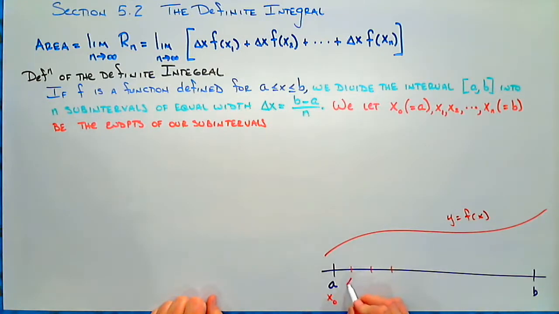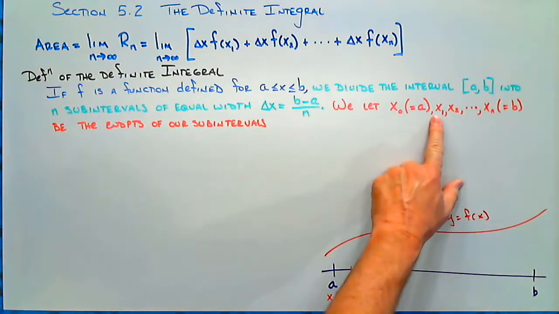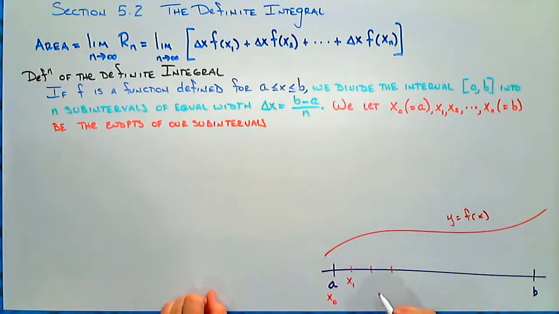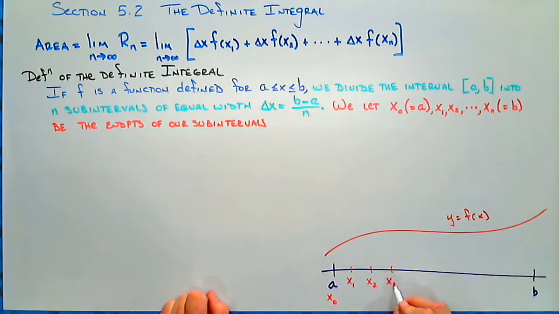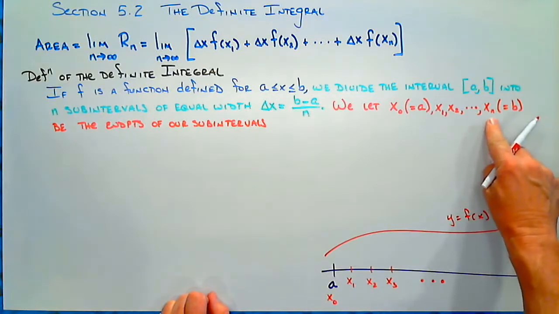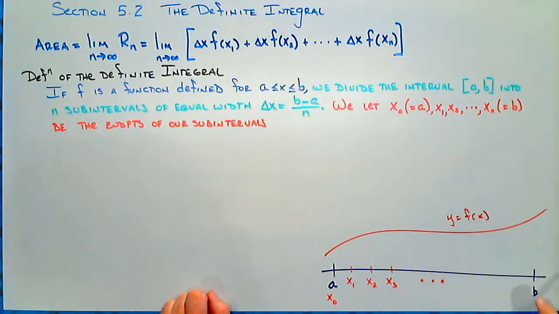And the next value we are going to come across on the x-axis is going to be x1. The next value we're going to come across on the x-axis is going to be x sub 2, the next value is going to be x sub 3. And we're going to continue to do that until we get to the last value, b, down here at the end, and we're going to call that x sub n.